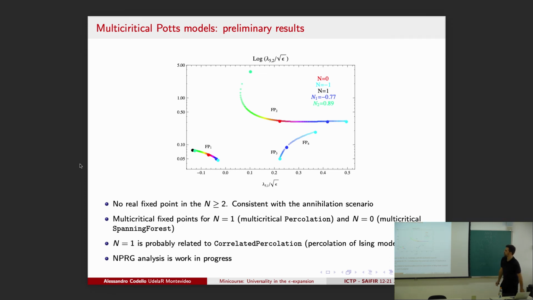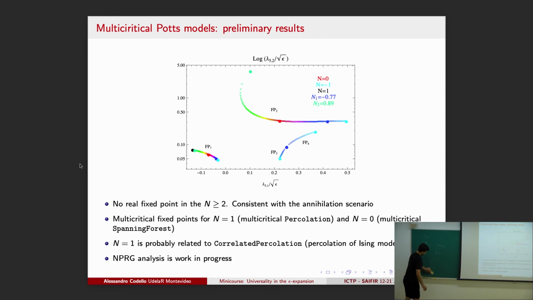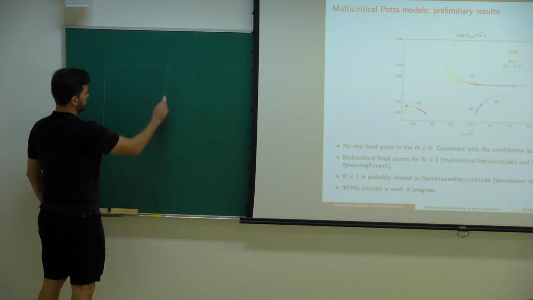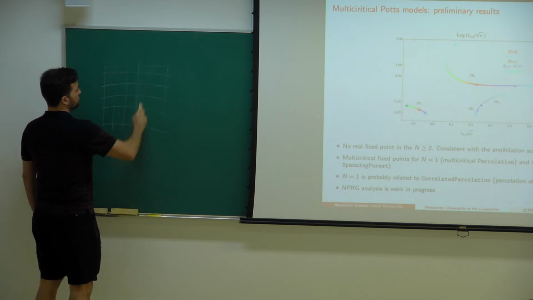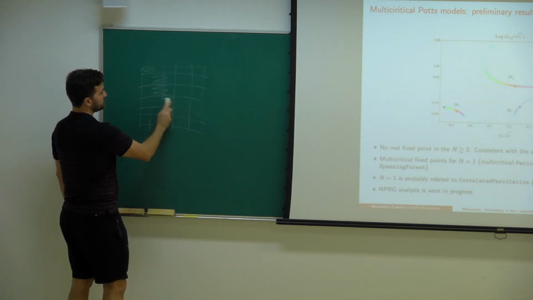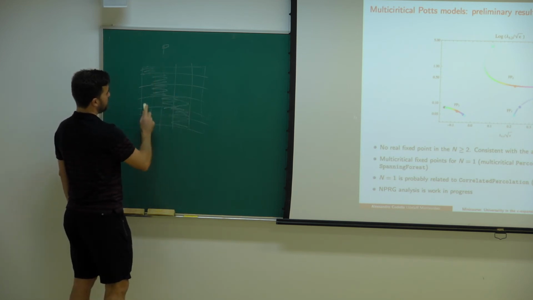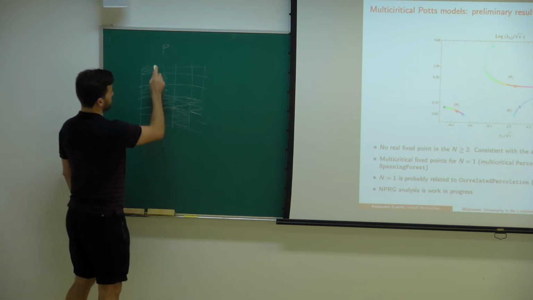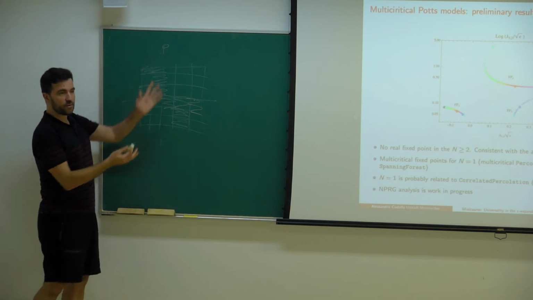The problem of percolation is a problem where you have a grid, and with a certain probability P you color a site, and you say that the system percolates if you can join this side and this side, so that the current can flow and so on.